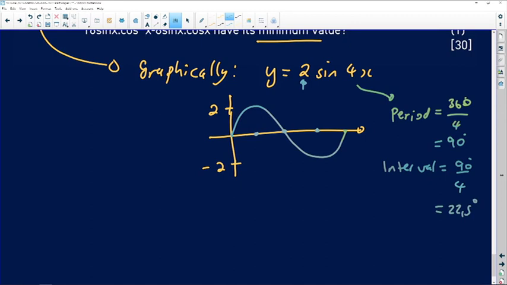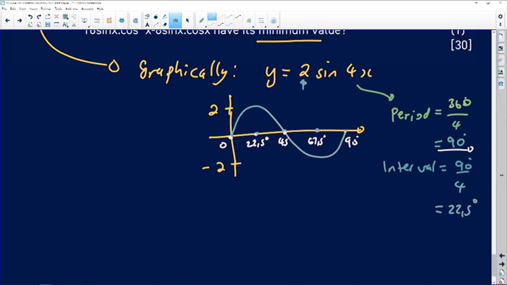It means each one of those x values that you see there, where interesting things happen, like here, it's 0. This one here is going to be 22.5 degrees. And then the next one, when you add 22.5, is going to be 45 degrees. Add another one and you get 67.5 degrees. And lastly, when you add another one, it's going to give you 90 degrees, because we're supposed to see the full graph in 90 degrees, since the period of the graph is 90 degrees.